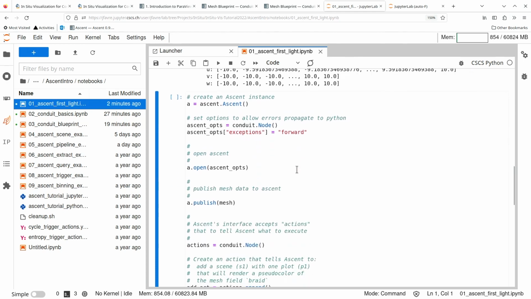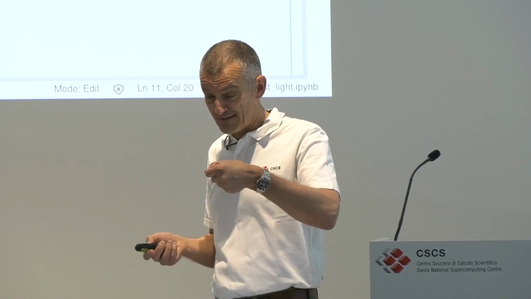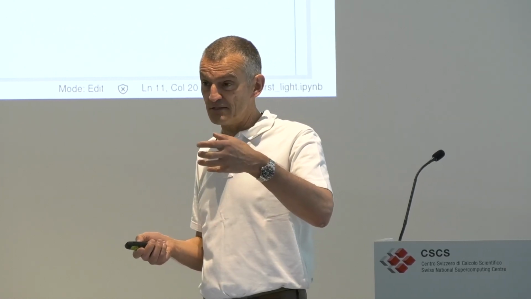I will now go to my third cell, which is to initialize Ascent. So Conduit is the API to define your meshes, but Ascent itself also uses Conduit to specify its own interface.